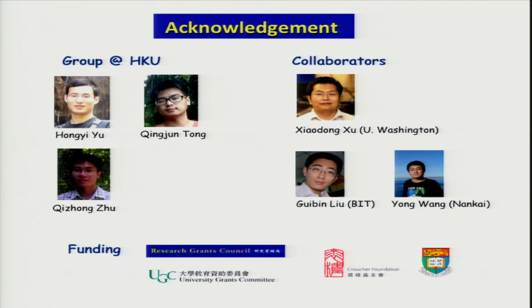He's leading the experimental group at the University of Washington, and this is part of the long-term effort to understand the optoelectronic properties of these 2D semiconductors and their heterostructures together. And also Guibin Liu, my former postdoc, and Wang Yao at Nanyang University, they have provided support on first principle calculations. And thank you for your attention.